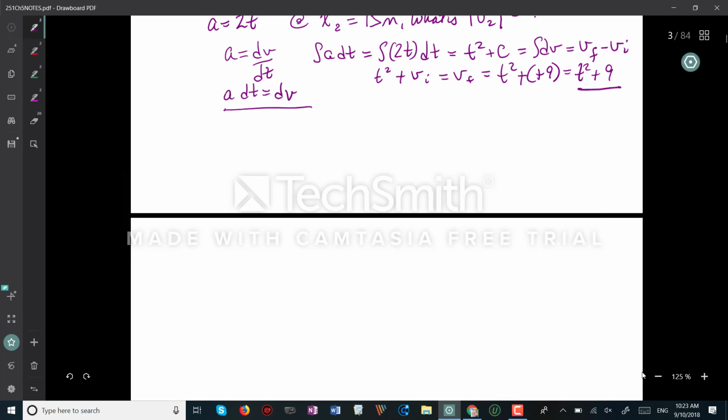Y'all just hair trigger on the integration, aren't you? v is dx/dt. The arrow means thus, it follows. v dt equals the integral of dx, which is x final minus x initial. Well, that's the integral of what? t squared plus 9 dt.